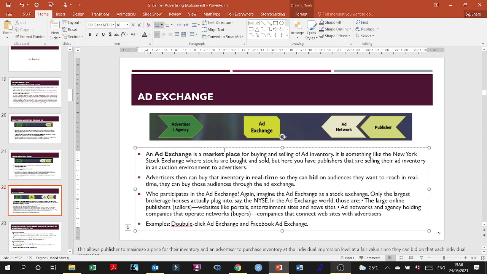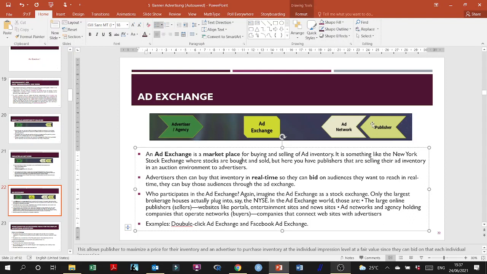A marketplace is a place where you buy and you sell. So over here there is the buying, and over here there is the selling. This side is the side that supplies the space, the ad space, the inventory.